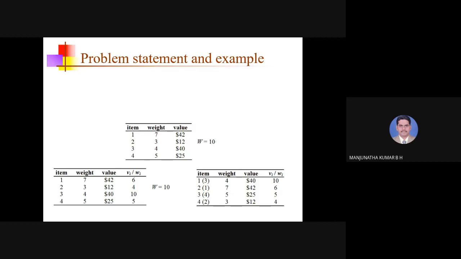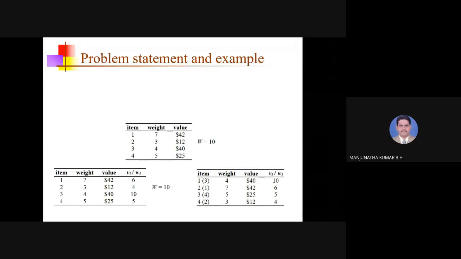Now see the third table. Here I have arranged all the items in the descending order of their profit weight ratio: 10, 6, 5, 4. 10 means the third item. In brackets I have written the original number of that item, 3. Before the bracket, we have written the serial number 1, 2, 3, 4 like this.